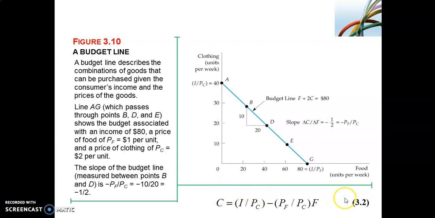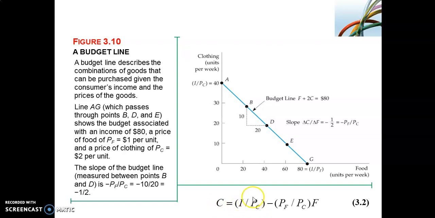You can see that equation 3.2 is the equation of a straight line, and it is essentially having rearranged this equation over here, making C the subject of the formula so that it would be the equation of a straight line.